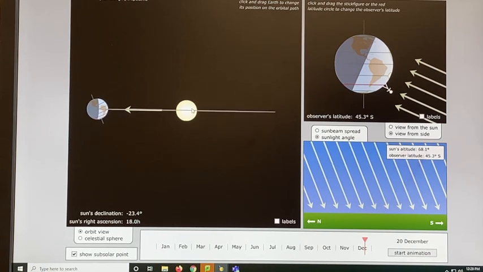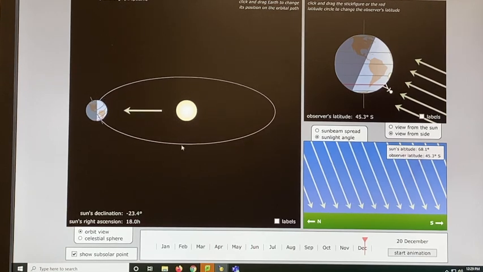You can see how the tilt is. If we rotate the tilt, North Pole is in complete darkness, while the South Pole is completely lit. So we'll expand this out again. Here's our right ascension. Declination is now minus 23.5 degrees, and the right ascension is 18 hours. And this is in terms of hours in the sky.